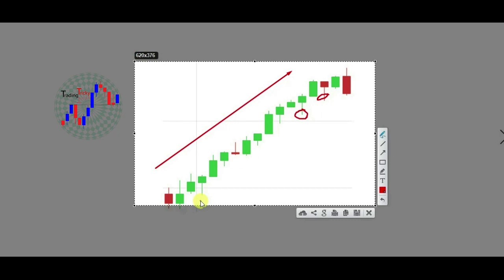And see this is almost the same here. Every time it's going something like this, and this is the natural thing. But here this is the previous low, now it made a new low.